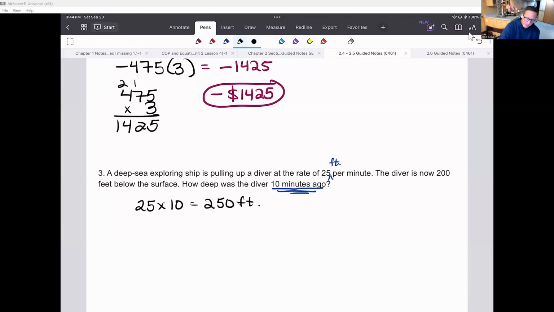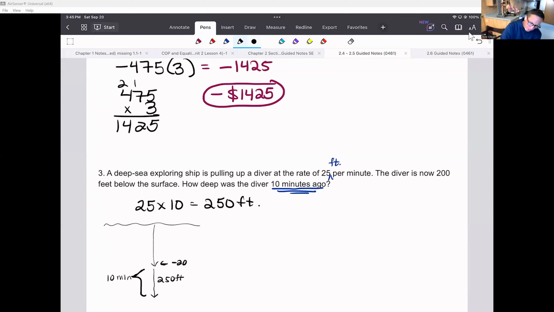I don't know if this makes any sense to you, but let me draw it. I guess you can say this is 10 minutes ago right here, and it moved 250 feet, and now it's right here at 200.